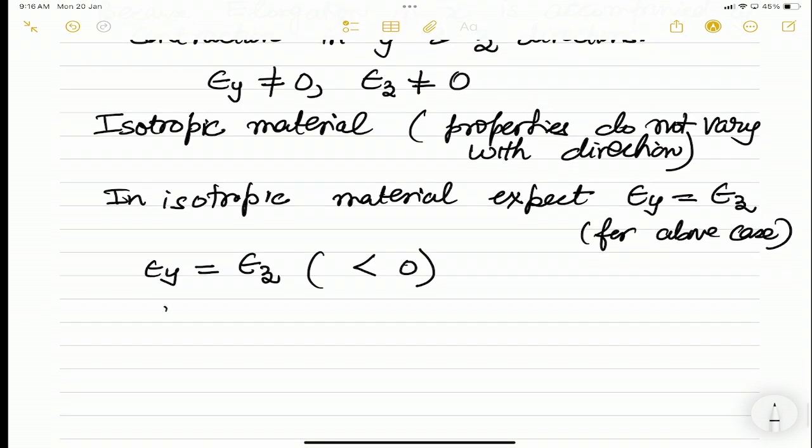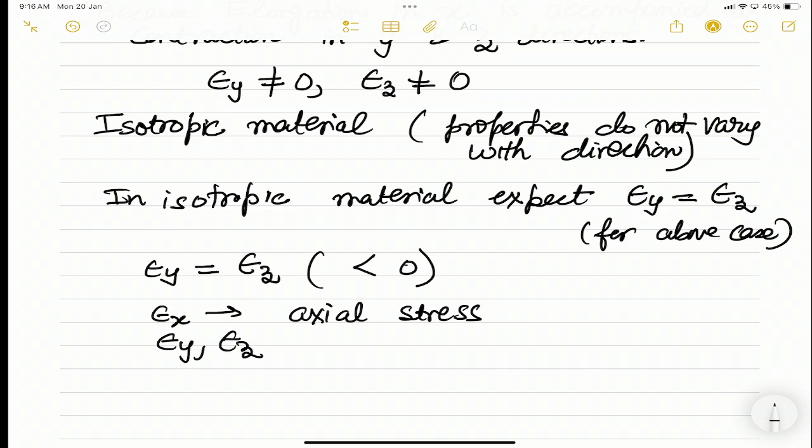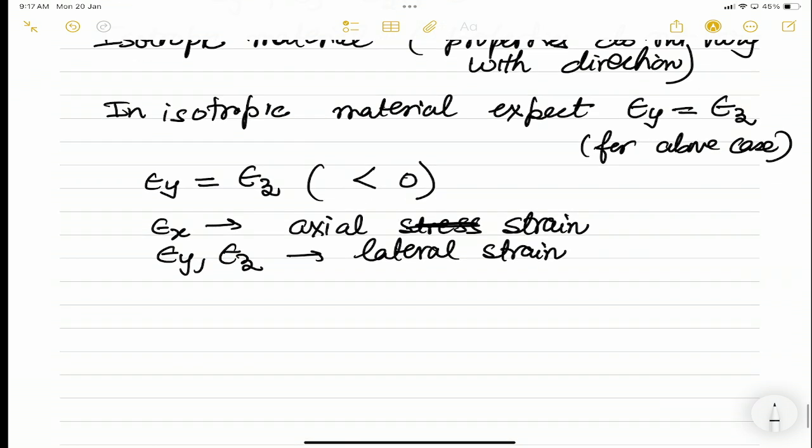Now we called epsilon x the axial strain and epsilon y and epsilon z the lateral strain. These are names given to them. For any material, we can define a quantity called Poisson's ratio, for which we use the symbol nu.